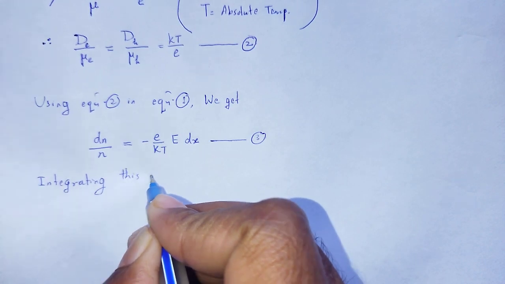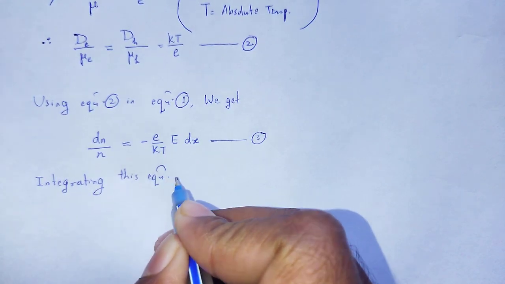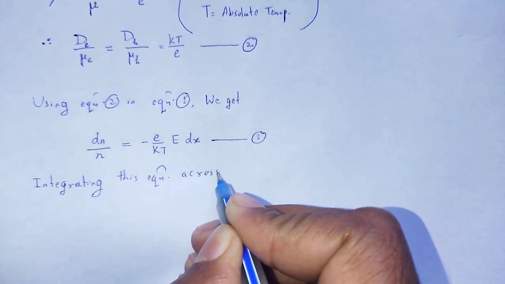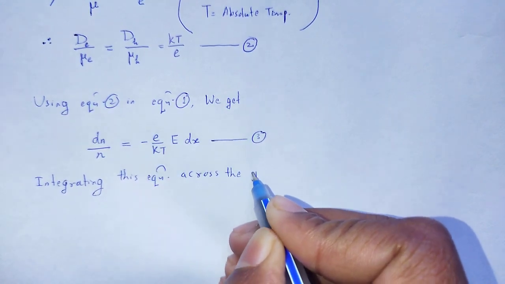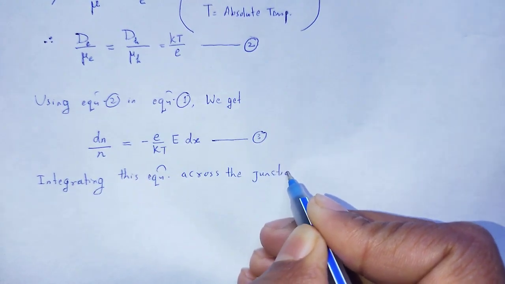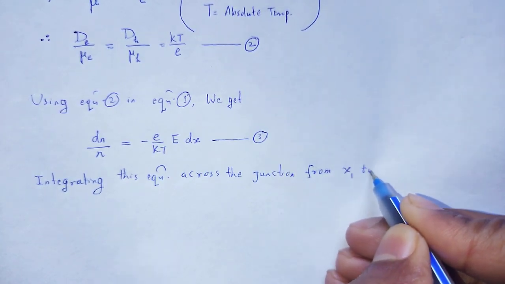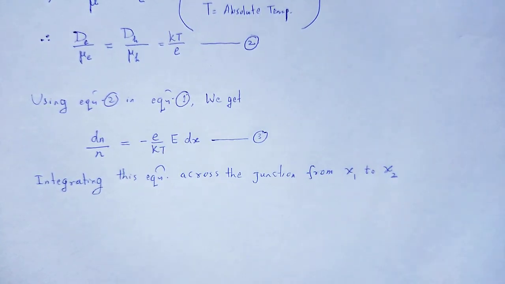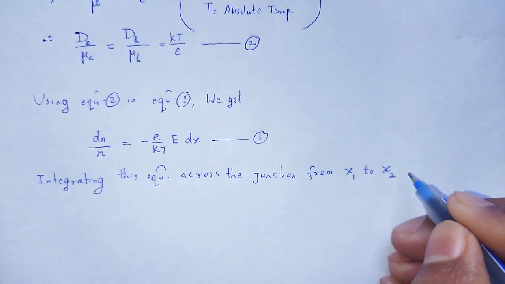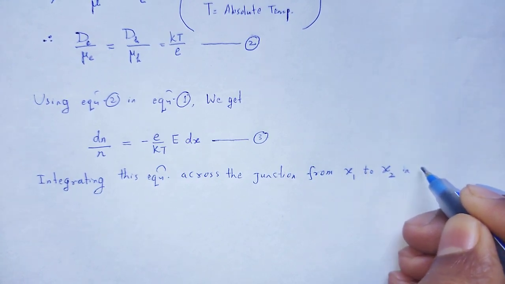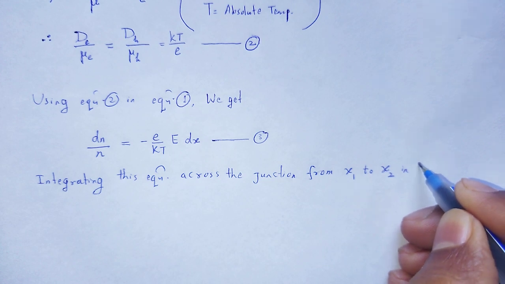Integrating this equation across the junction from x1 to x2, that is known as the transition region.